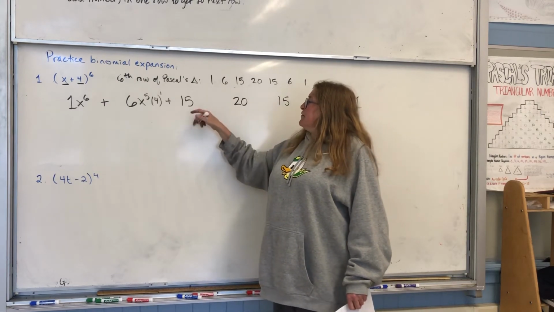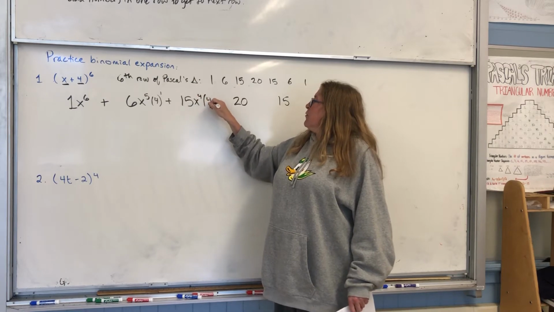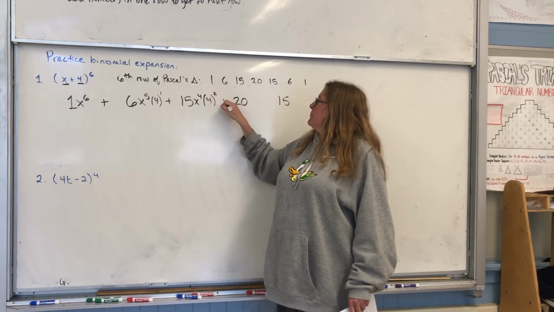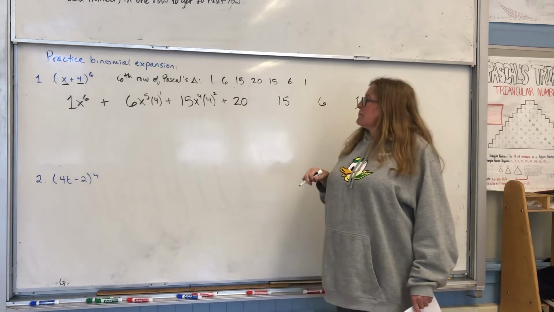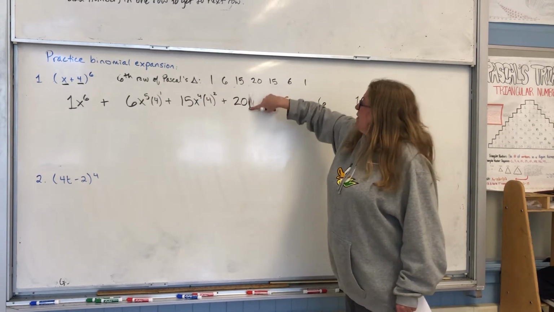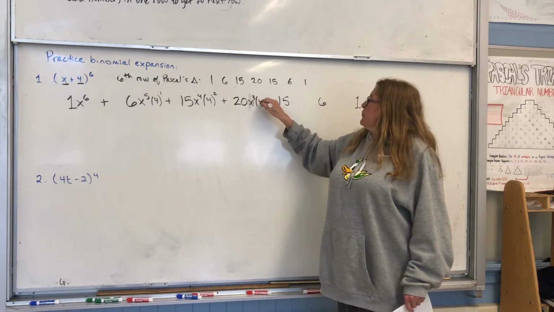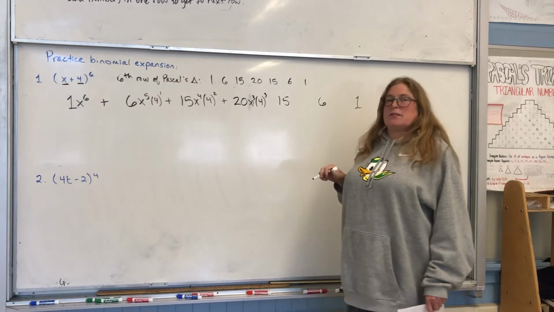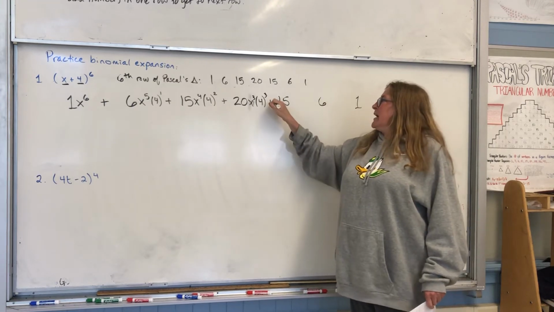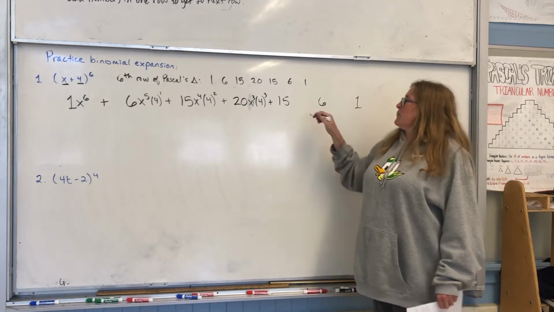Okay, then we've got a 15. Now x is going to have 4 of the exponents, and the 4 is going to get 2 of them. Now x is going to have 3 of the exponents, and the 4 is going to have 3 of the exponents. So we're gradually giving away, starting with all of them with the x, and then gradually giving them away.